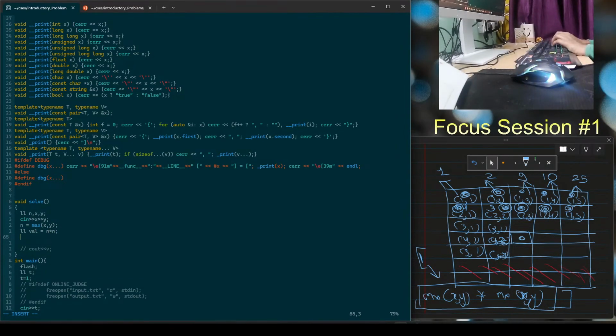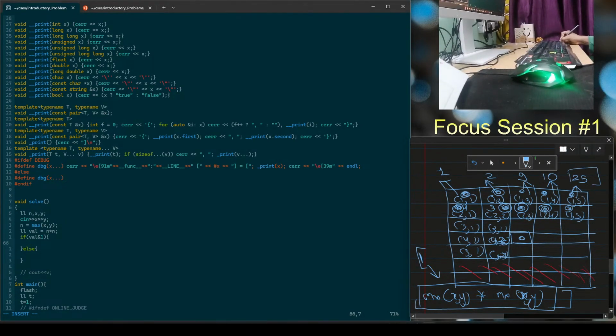It will be n cross n. Now the thing is dependent on if it is odd, I will check on those, else I will check on everything from the odd part. If it is odd, like here, so 25, right, is the maximum value.